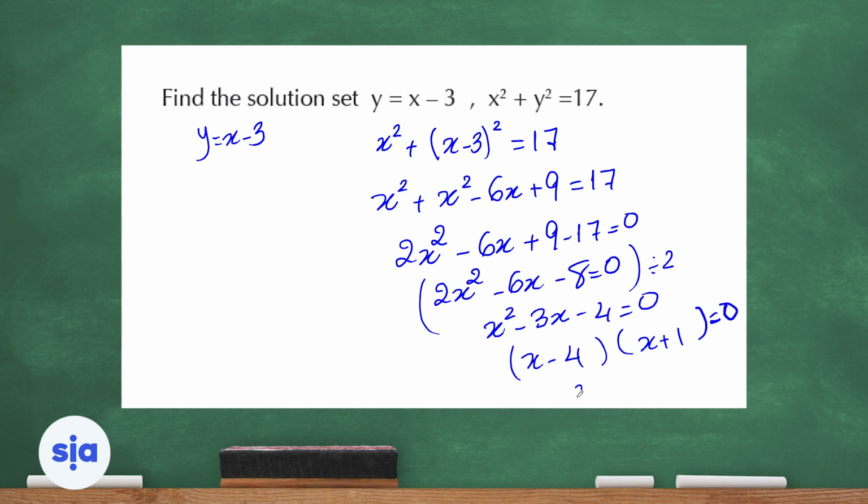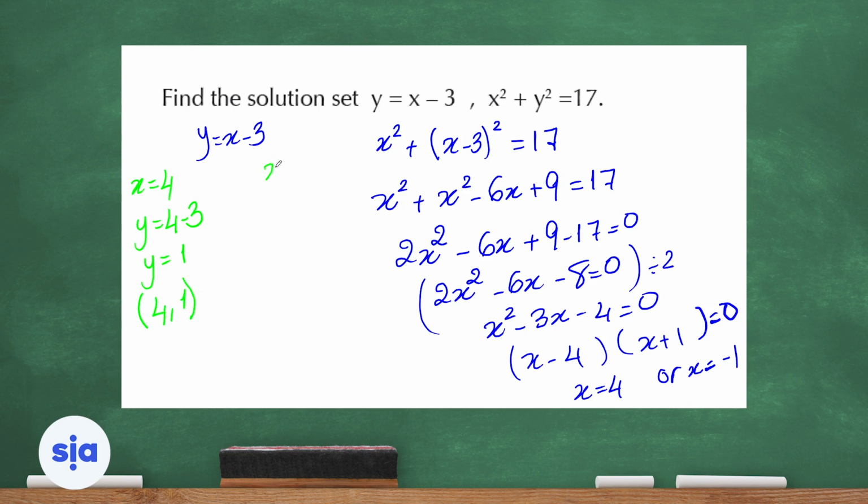Then in this case, x can be equal to 4 or x can be equal to negative 1. For each value of x we find, we'll find its y value. So y equals 4 minus 3, so y equals 1. So in this case, the solution is (4, 1).